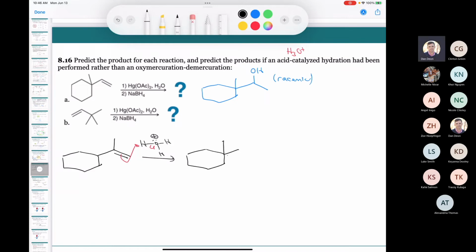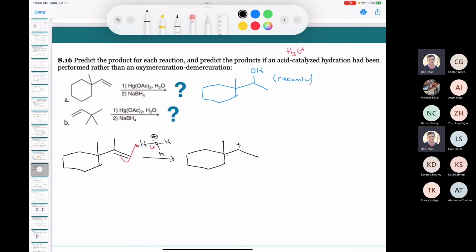The carbocation, oops, I left out a methyl group. The carbocation is going to be this carbocation, but that carbocation can undergo a methyl shift like this to give you a tertiary carbocation. So let's draw that. That's going to look like this.